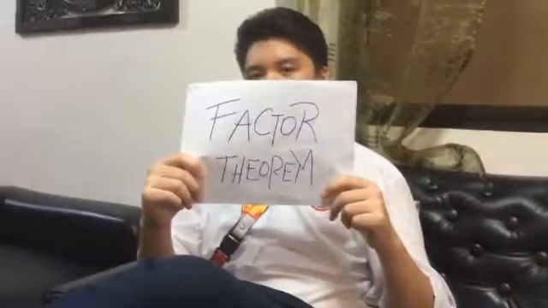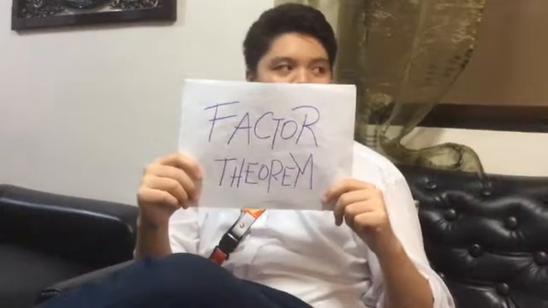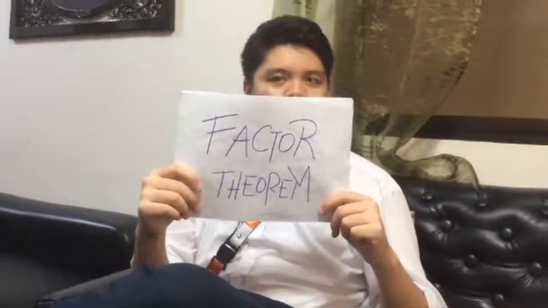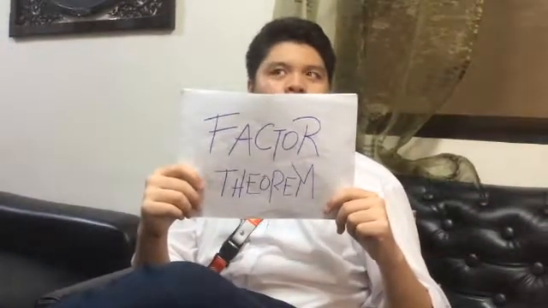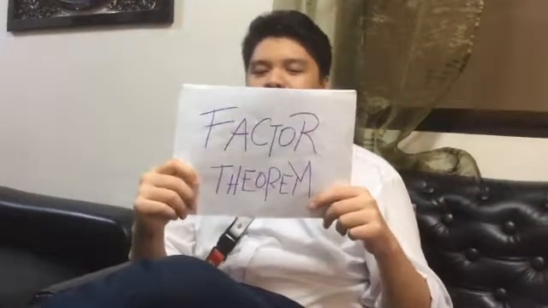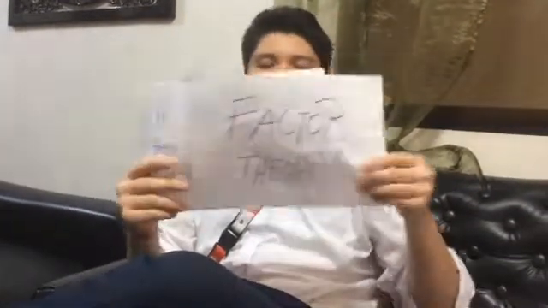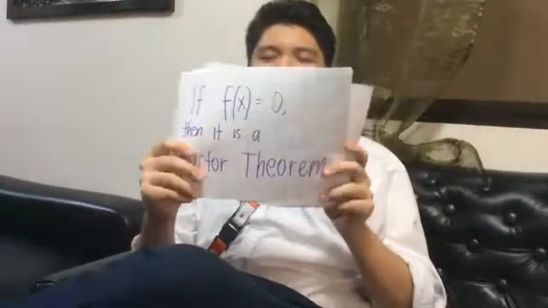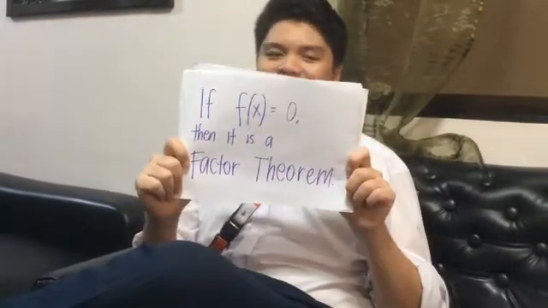Unlike the remainder theorem, the factor theorem is a theorem linking factors and zeros of a polynomial. So in that case, we should expect no remainder. If f(x) is equivalent to 0, then it is a factor theorem case.